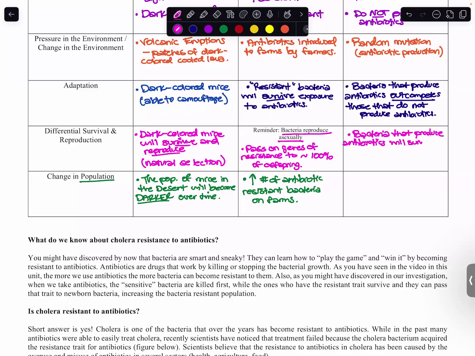will survive and pass on the genes to produce antibiotics to offspring. Offspring as a whole, maybe not 100%, but maybe 99.9% sure.